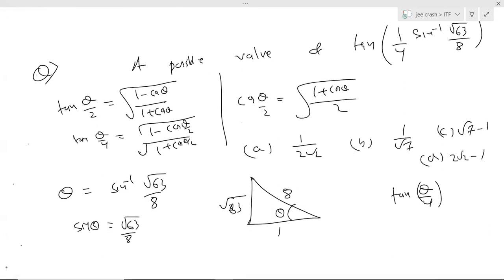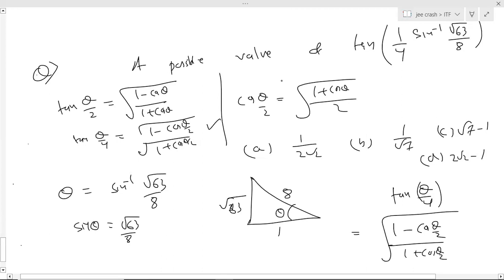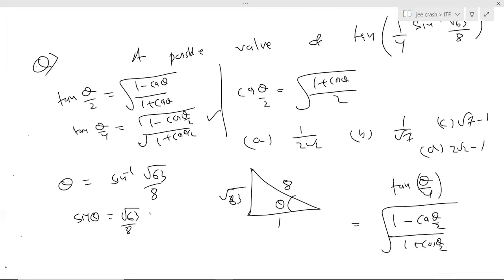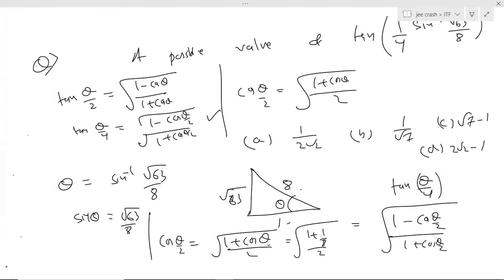Yes, sir. And the formula for this is under root of (1 minus cos theta by 2) upon (1 plus cos theta by 2). So now we can find cos theta by 2. Cos theta is 1 upon 8. So this is (1 plus 1 upon 8) divided by 2.